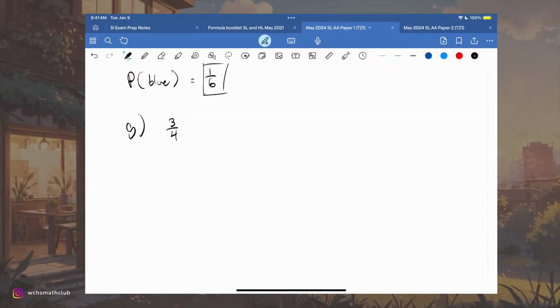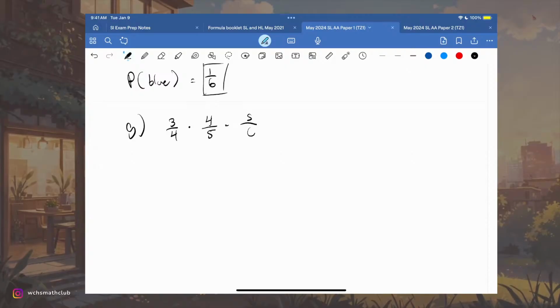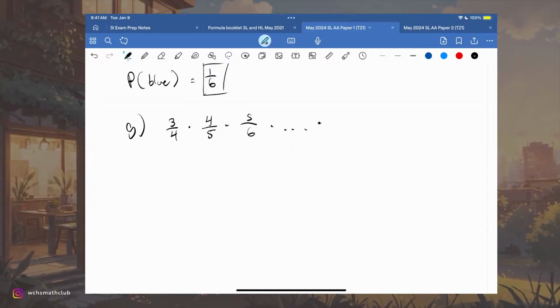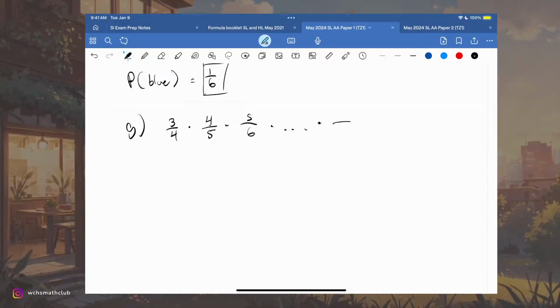Afterwards, the second time would be 4 over 5, then 5 over 6, and so on, up until some number. If you follow this pattern, it's probably going to be 4 plus n minus 1.